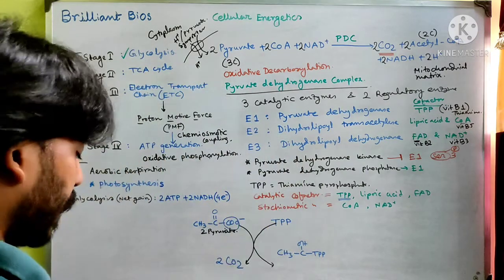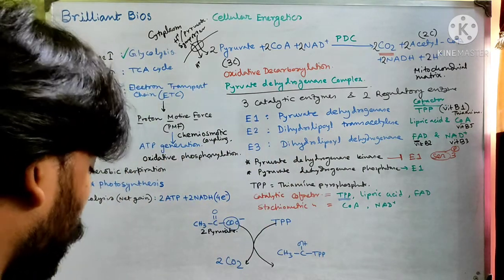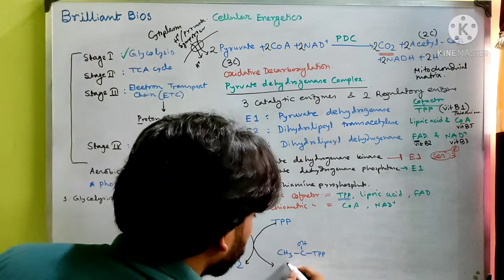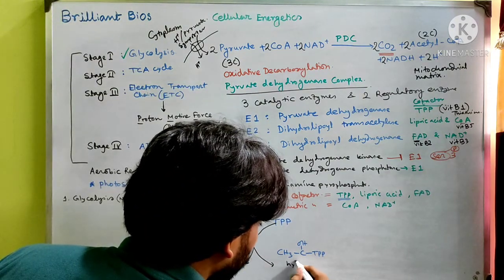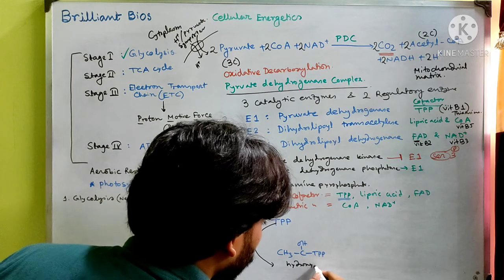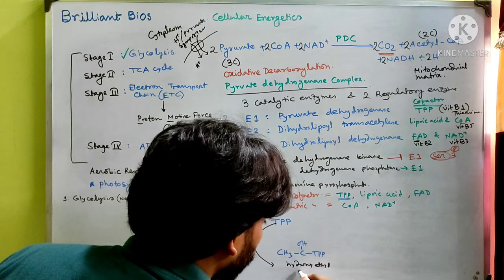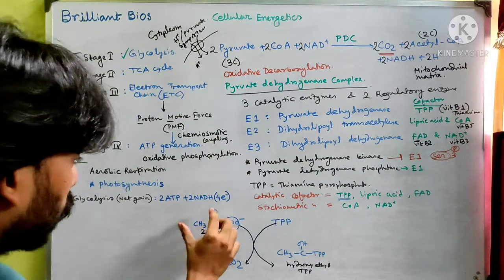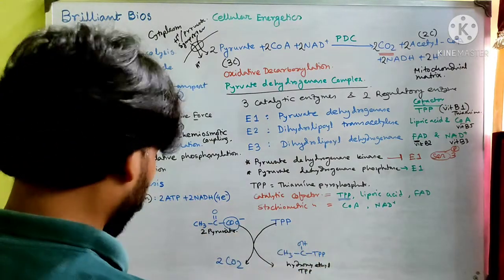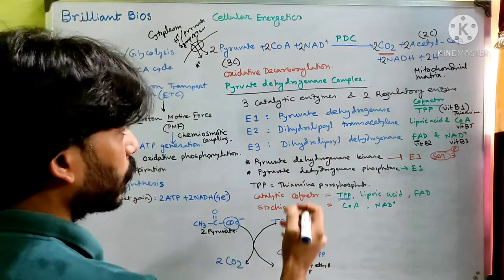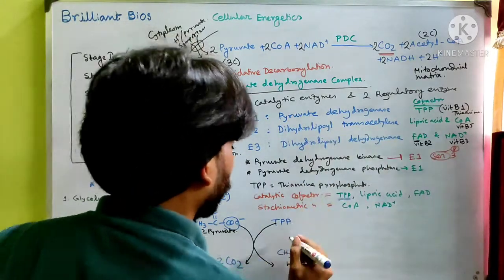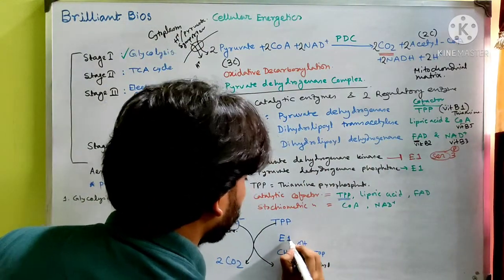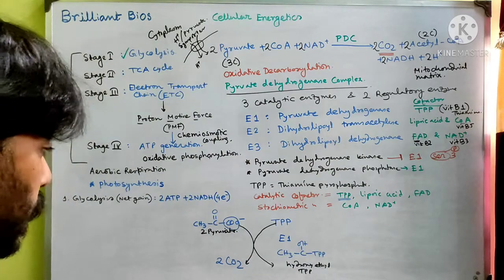So TPP accepts this. This is called hydroxyethyl TPP. Can you see here? This group is actually transferred to the TPP. Now this TPP is the cofactor of E1, so this thing is occurring in the E1 enzyme.